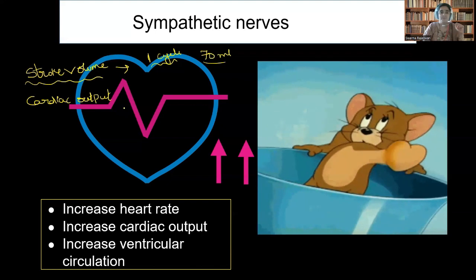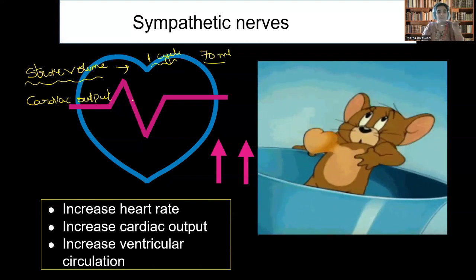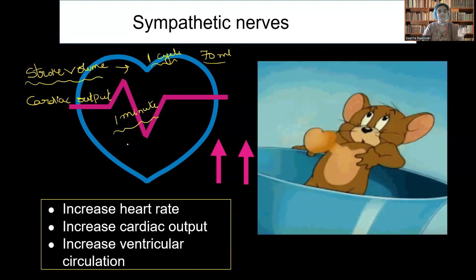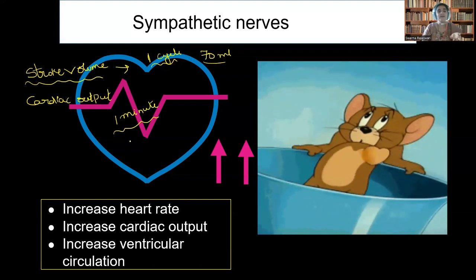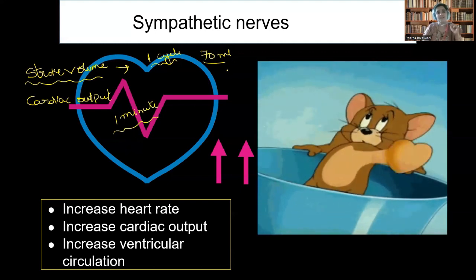And cardiac output is the amount of blood that is pumped per 1 minute. Stroke volume is the amount of blood that is pumped during the ventricular systole or ventricular contraction in one cycle. It is approximately 70 ml.